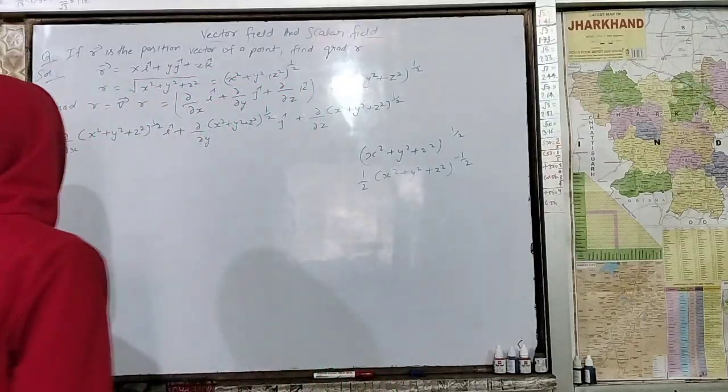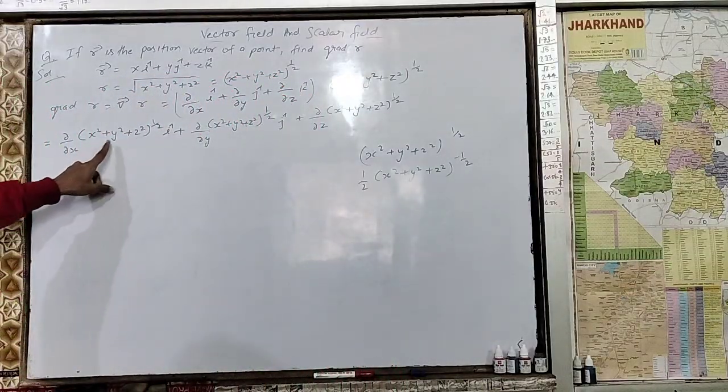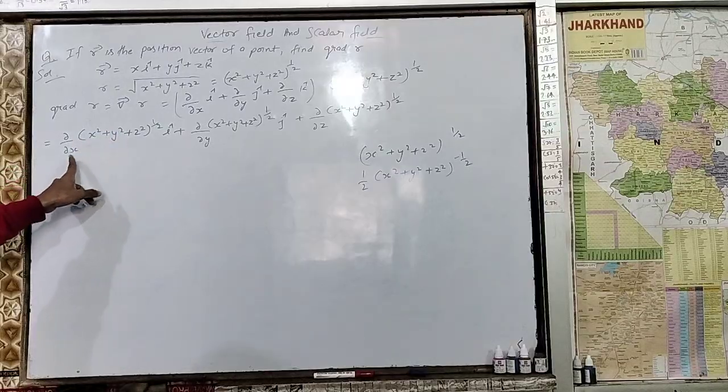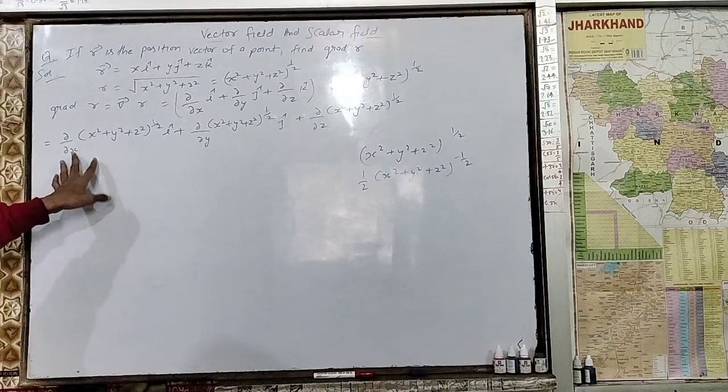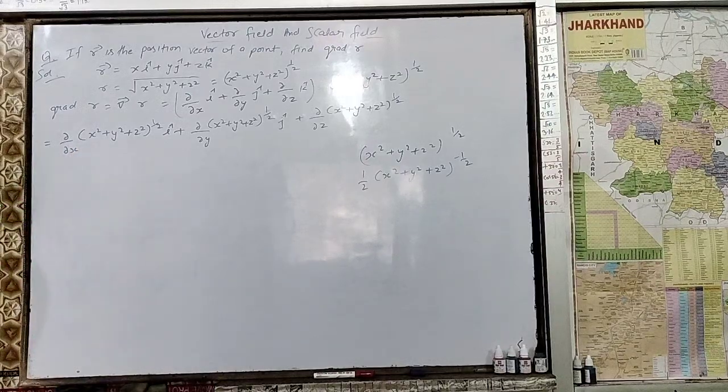Okay. So you know that the derivative of y square with respect to x will become 0, and z square with respect to x will become 0.